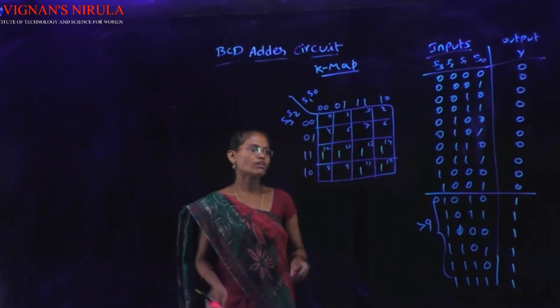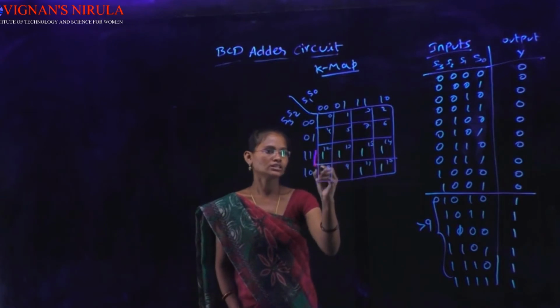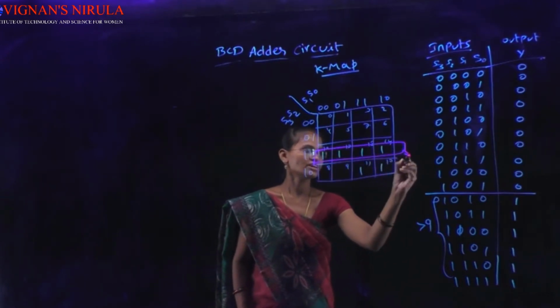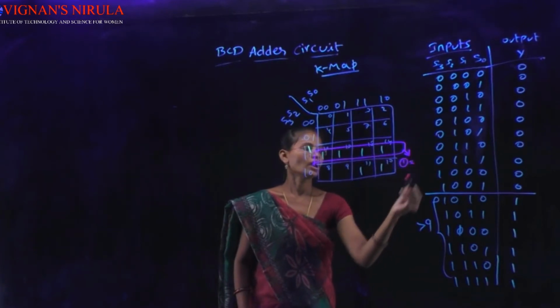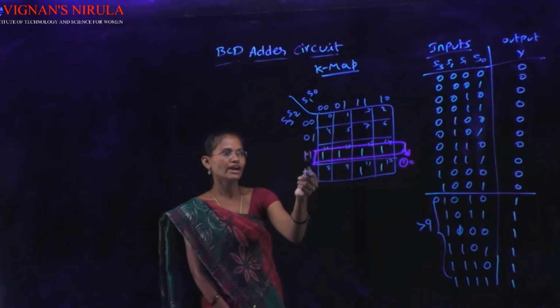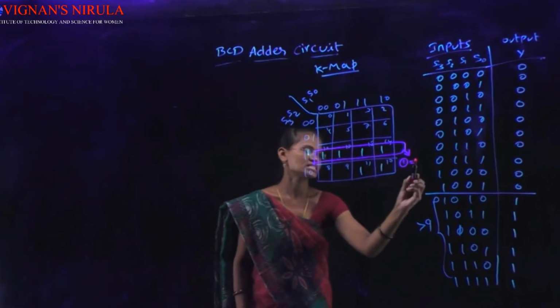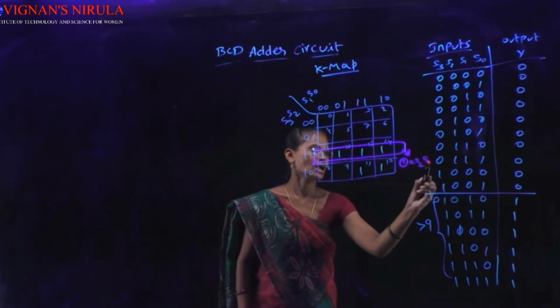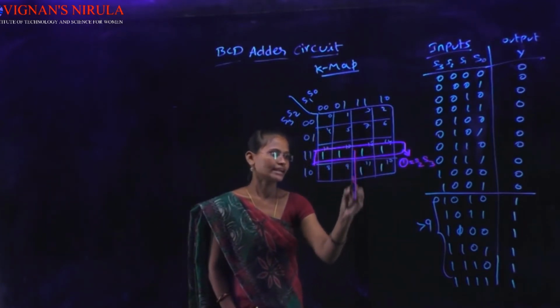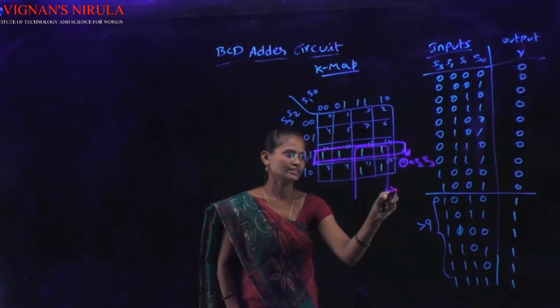Here 12, 13, 14, 15 are considered one group. This is the first group. What are the input variables corresponding to these cells? They are S3 and S2. The next group is 10, 11, 14, 15.